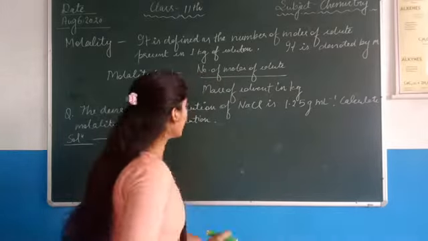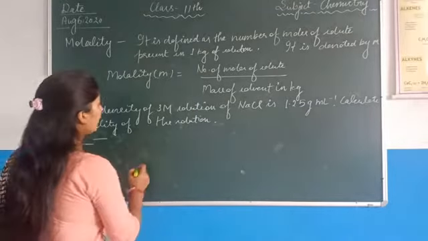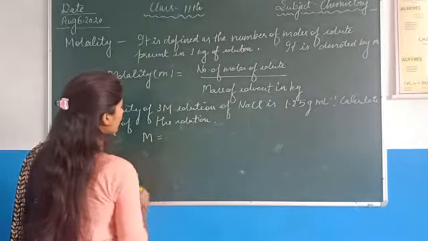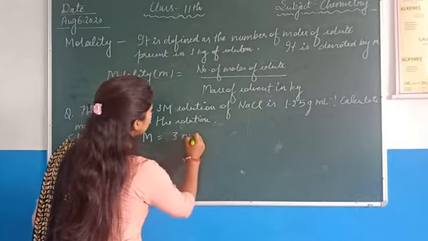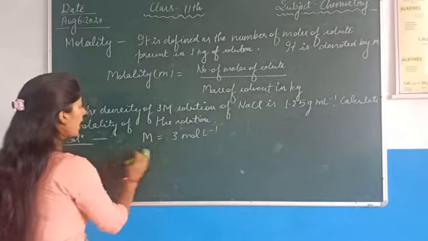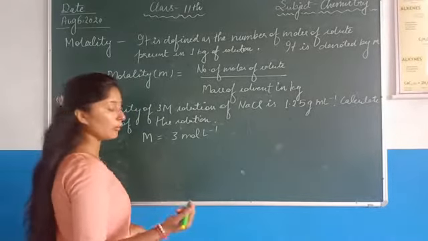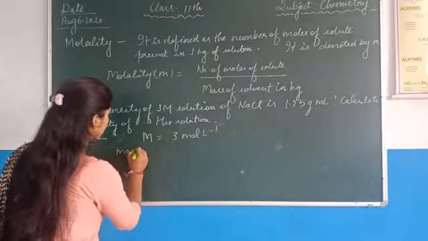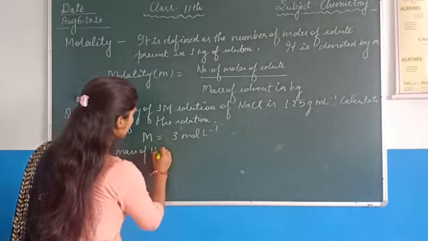Okay, so in a given problem we have given molarity which is equals to 3 mole liter inverse, and we have to firstly calculate mass of NaCl in 1 liter of solution.